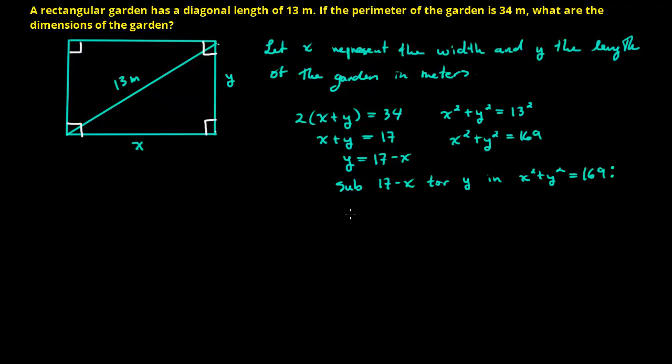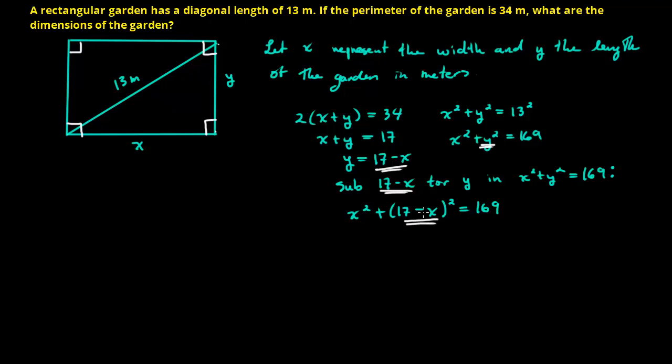If I do that, I get x squared plus (17 minus x) squared should be equal to 169. All that I've done in this case is replace y with 17 minus x. And now I've got an equation in terms of a single variable.